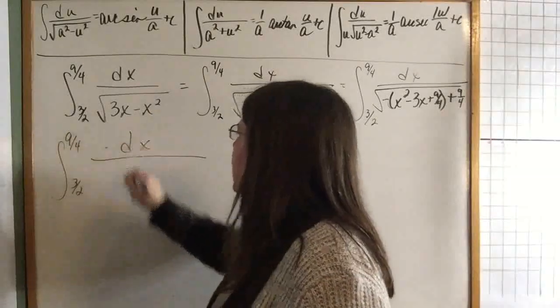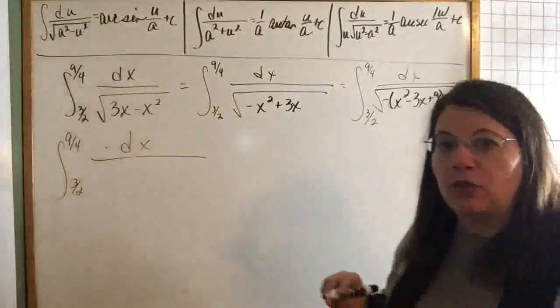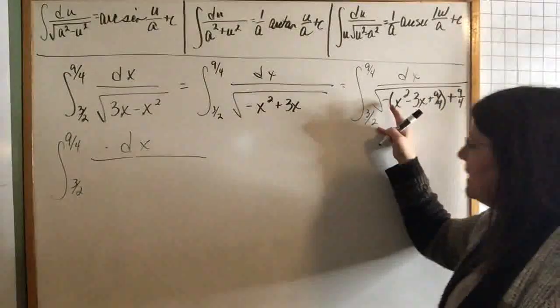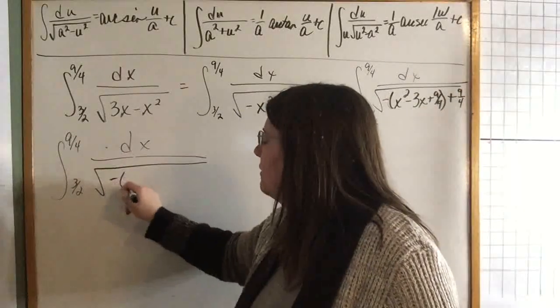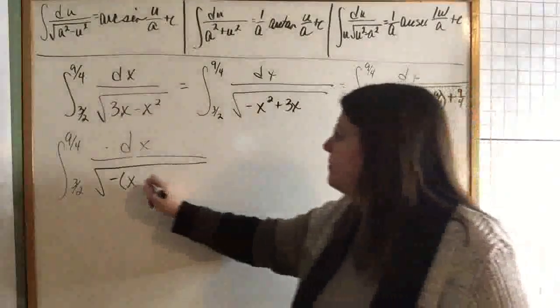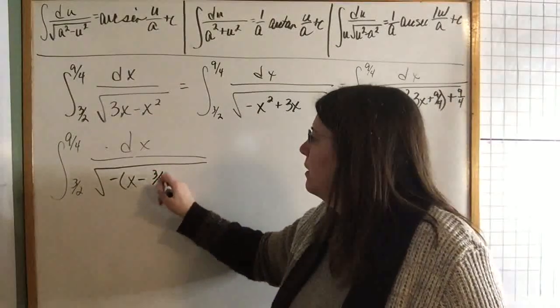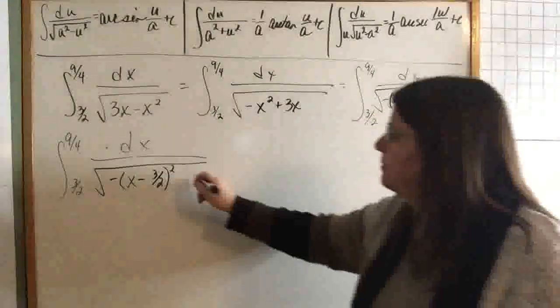I still have my dx up there. When I rewrite this, I need to write this as a perfect square. So that's going to be a negative. I keep my square root. I've got my negative of x minus 3/2 squared plus 9/4.